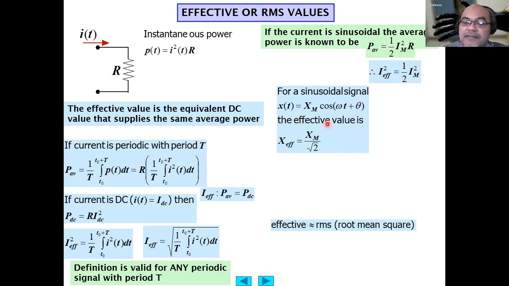So the effective value for any sinusoidal signal x(t) equals Xm cosine omega t plus theta is Xm divided by square root of 2, from this derivation also.